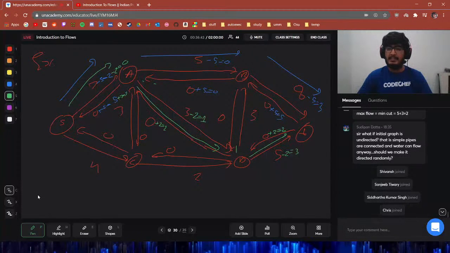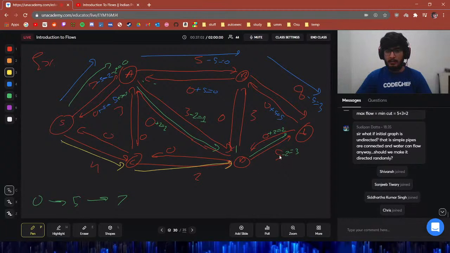So the current flow is 7, right? From 0, we went to 5, then we went to 7, adding 2. Then we should go downwards because this is already used up, right? So we go here, right? Then we can go here, and there are still 3 remaining here, so we can go here, right?